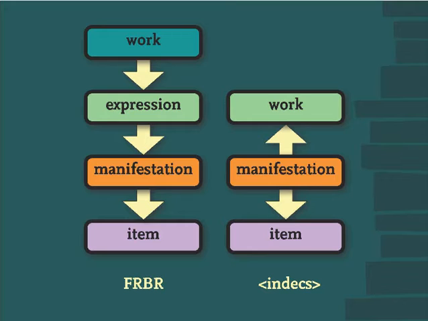What we call a work in the index model is actually the very close equivalent, not exactly the same, but a very close equivalent of what in the FRBR, the library world, is called an expression. And above that, even more abstract, even more slippery as a concept, is the idea of a FRBR work.